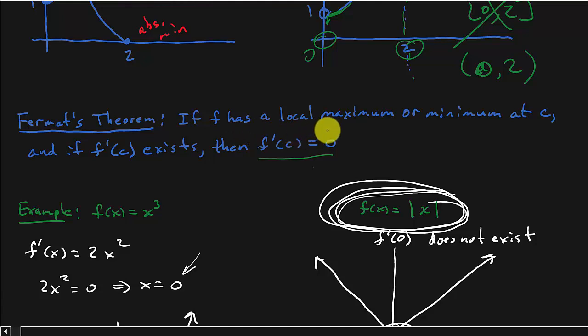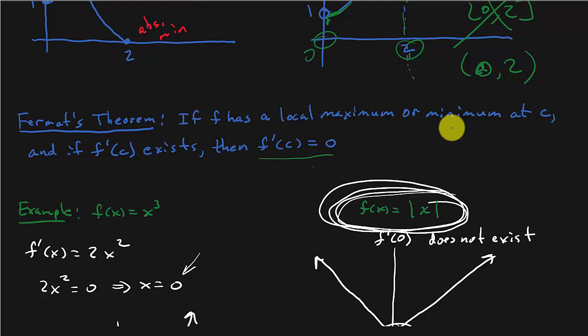If f has a local maximum or minimum at c, and the derivative of the function evaluated at that x value exists, then f prime of c is equal to 0.